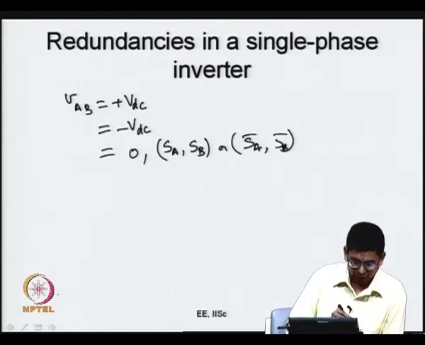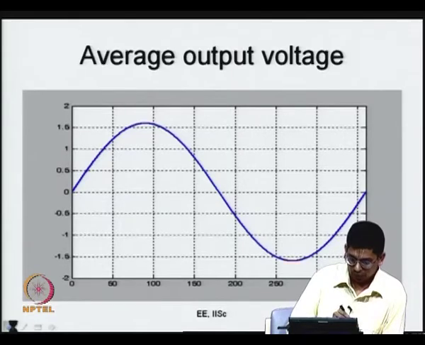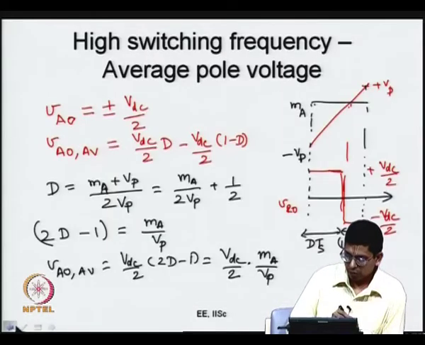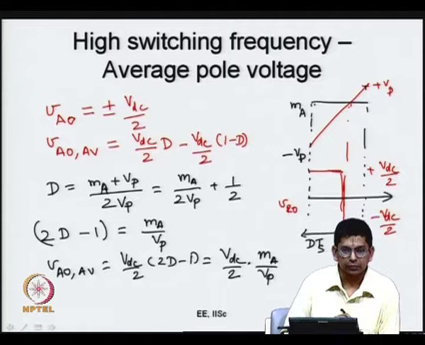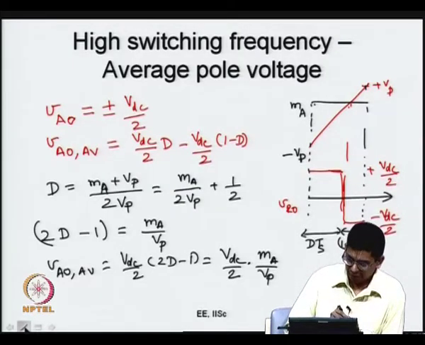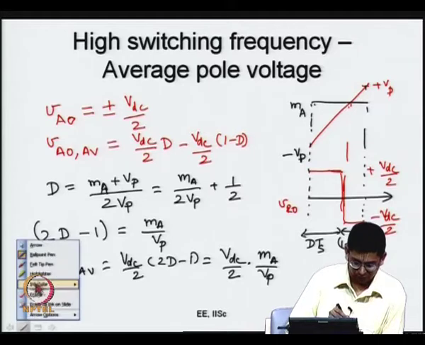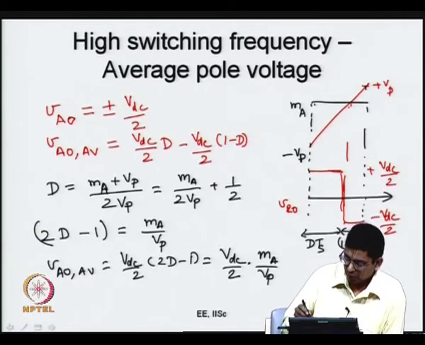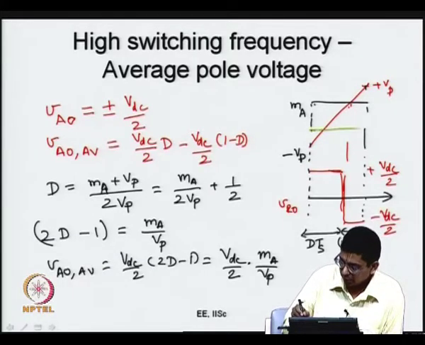Now, we looked at the sine waveform earlier. On the same thing, let us say I draw an MB also, there is a B phase also. Let me take another color and call this MB.